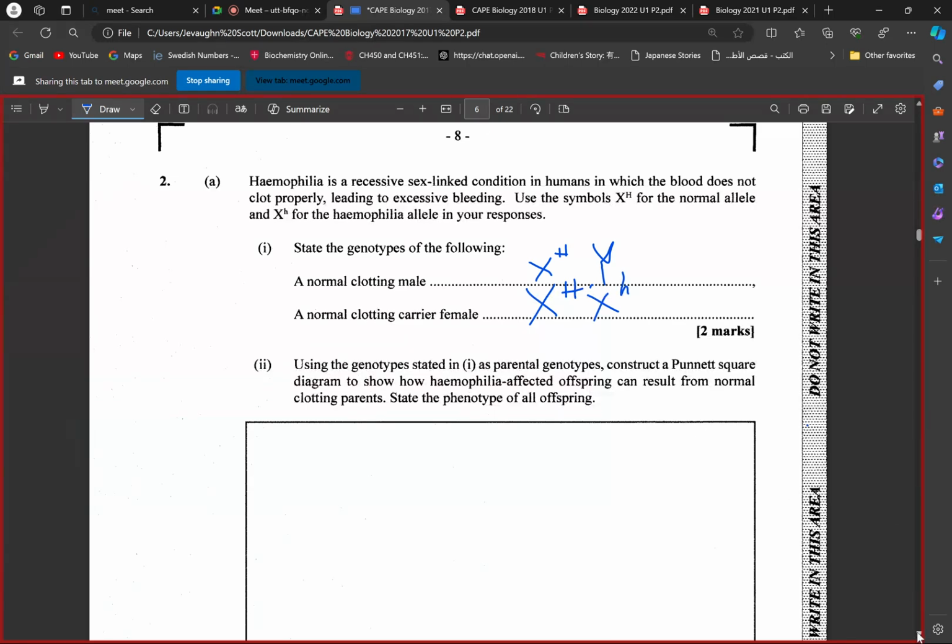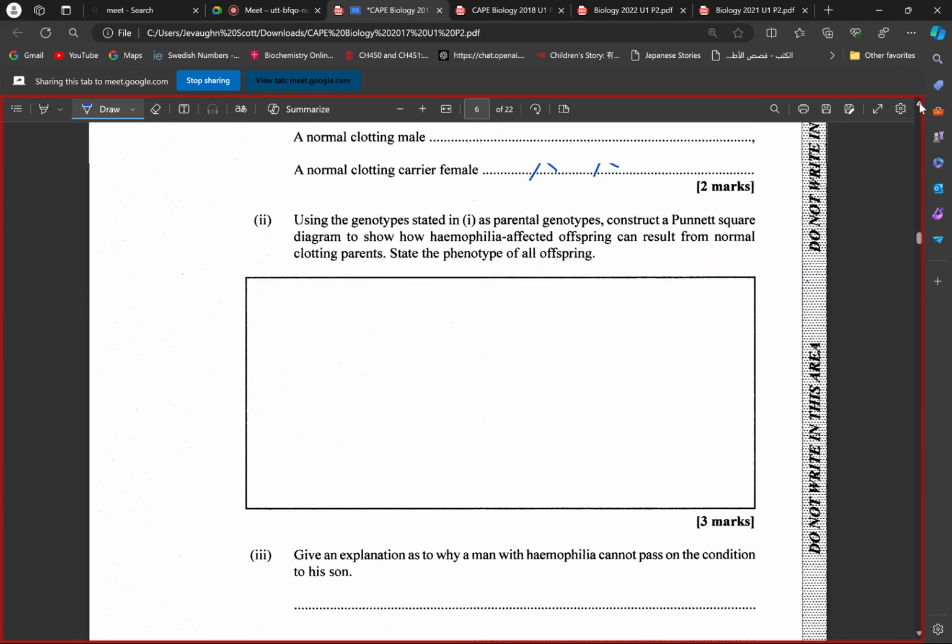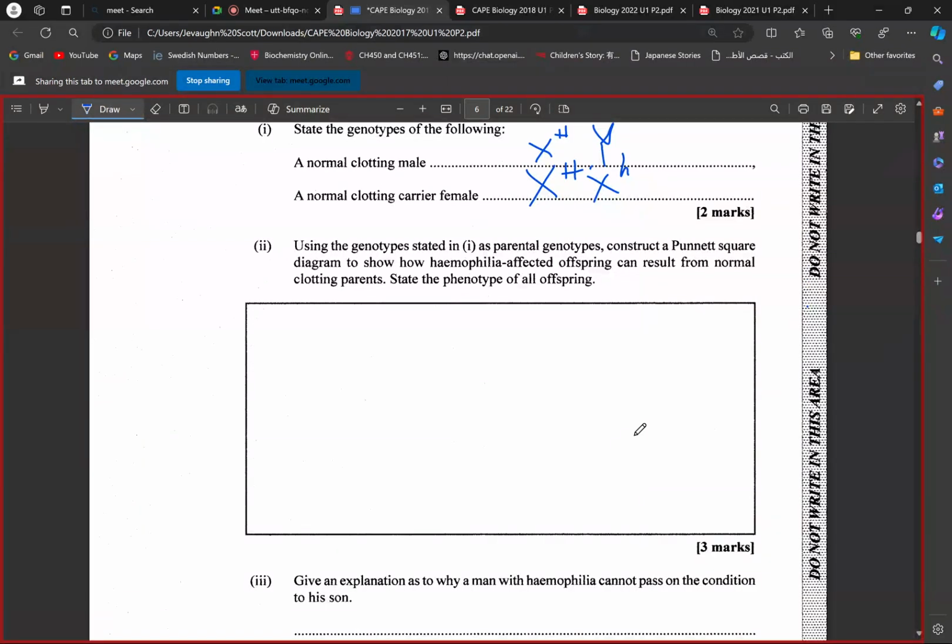Now we're asked to construct a Punnett square diagram to show how hemophilia-affected offspring can result from normal clotting parents. That means the female must be a carrier. So we look at a normal clotting male and a carrier female, which is also normal clotting.